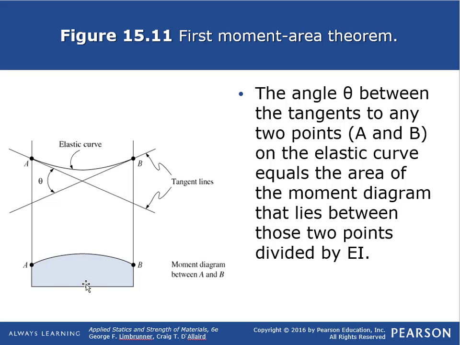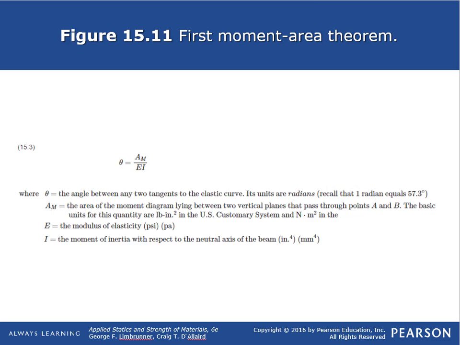Now, finding these areas can be easy sometimes. They can be a little bit more involved in some cases, and we've got different ways of dealing with that. But in formula form, here's what the first moment area theorem looks like. That's theta, the angle between any two tangents on the elastic curve. It's in units of radians. Remember that 1 radian equals 57.3 degrees.